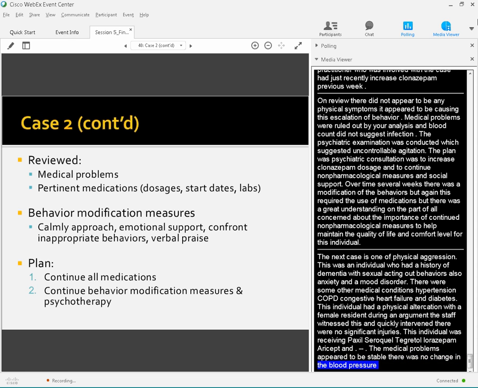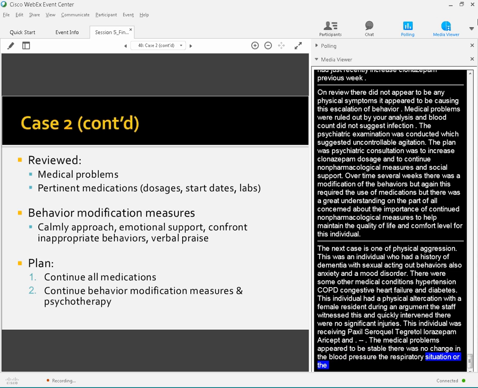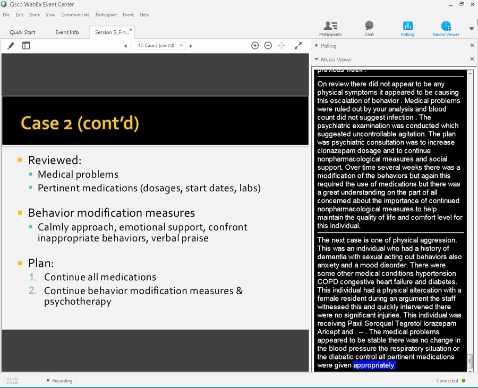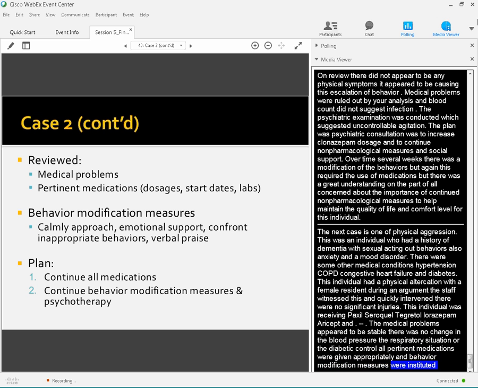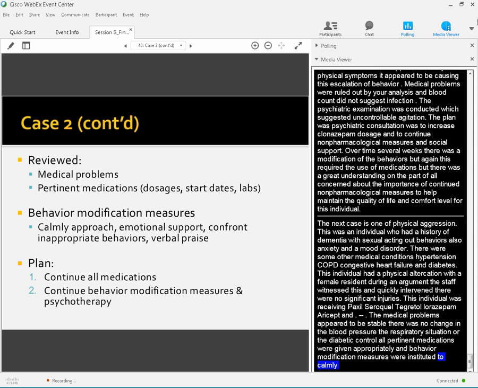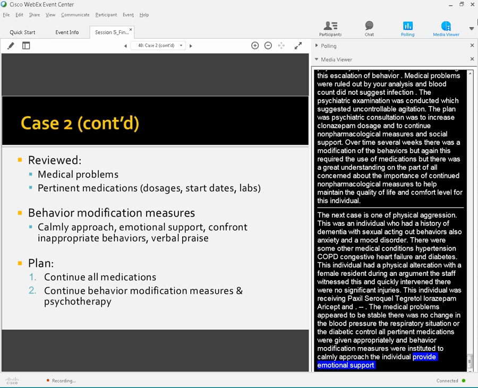All pertinent medications were given appropriately, and behavior modification measures were instituted to calmly approach the individual, provide emotional support, confront inappropriate behaviors and redirect, but also to provide verbal praise for appropriate behavior.